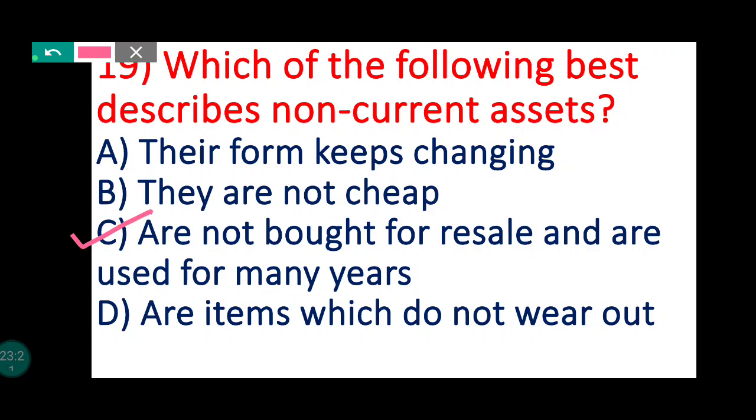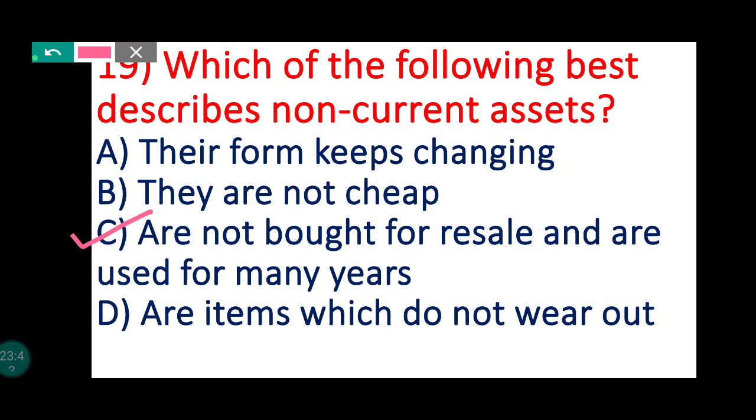Which of the following best describes non-current assets? They are not bought for resale and are used for many years. See, other options are given, like they are not cheap. Their form keeps changing. D, are items which do not wear out.